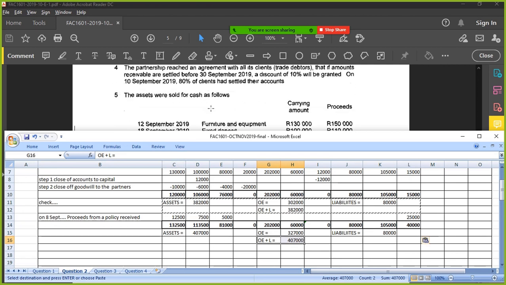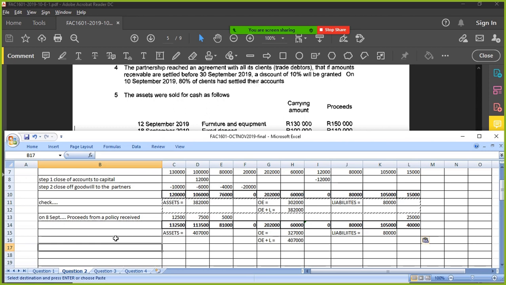Okay, next. The partnership reached an agreement with all its clients, trade debtors, that if amounts receivable are settled before the 30th of September, a discount of 10% will be granted on the 10th. Okay, so on the 10th, 80% of its clients had settled their accounts.